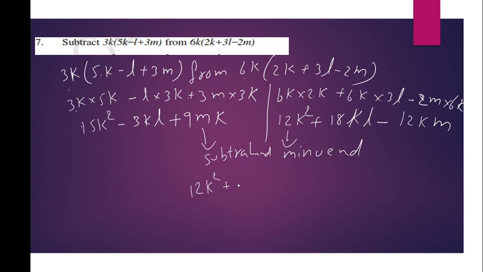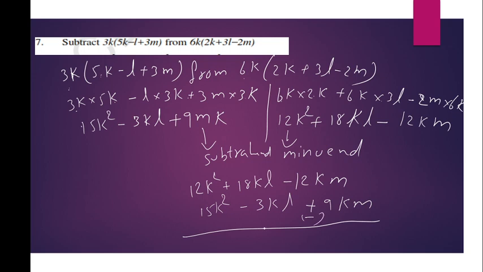Now change the signs: plus becomes minus, minus becomes plus. So two minus signs we will add and write a minus sign. 12 plus 9, 21km, and 18 plus 3 is 21kl, 12 minus 15 is minus 3k square. So minus 3k square plus 21kl minus 21km.